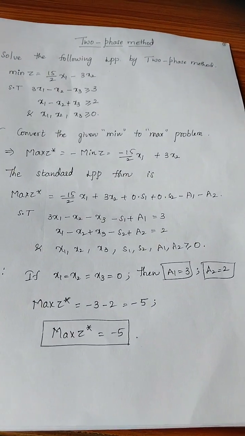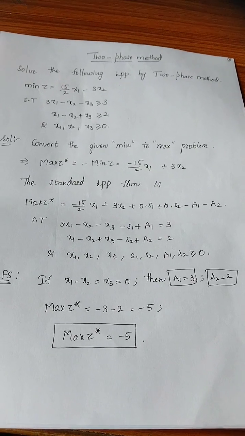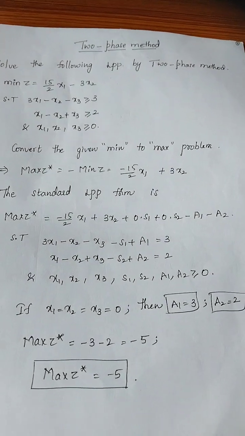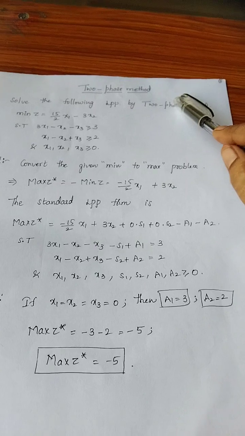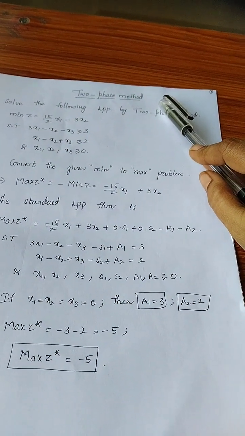One more video based on linear programming problems, whenever we are going to use the artificial variables, that is the two-phase method. What is meant by the two-phase method? You will be having two phases, phase 1 and phase 2.